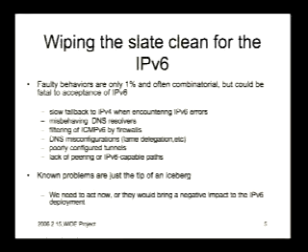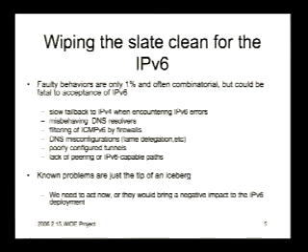In addition to the hotel internet case, faulty behaviors come from slow fallback to IPv4 when encountering IPv6 errors, misbehaving DNS resolvers, filtering out of ICMPv6 packets by firewalls, DNS misconfigurations, poorly configured tunnels, and lack of peering or IPv6 capable paths.